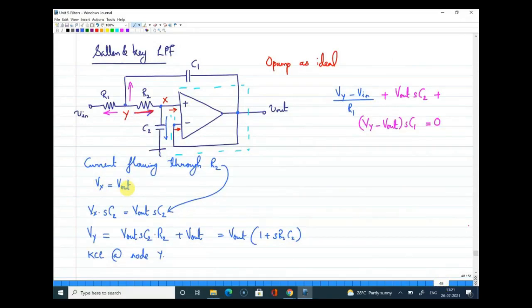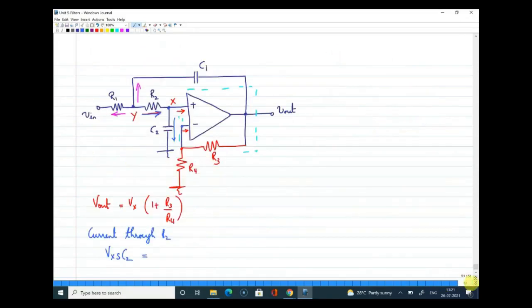I need to apply the same thing throughout the analysis and I'll get the final expression. So now it is Vout divided by 1 plus R3 by R4, into SC2. This is how I will write.